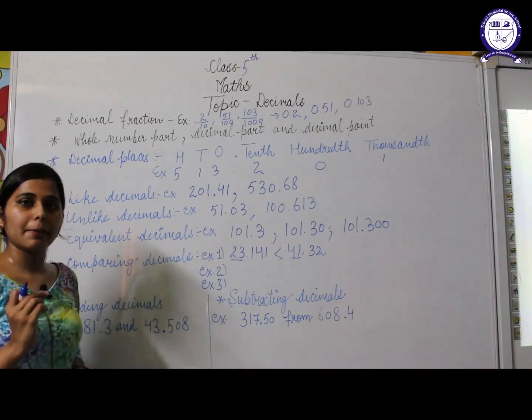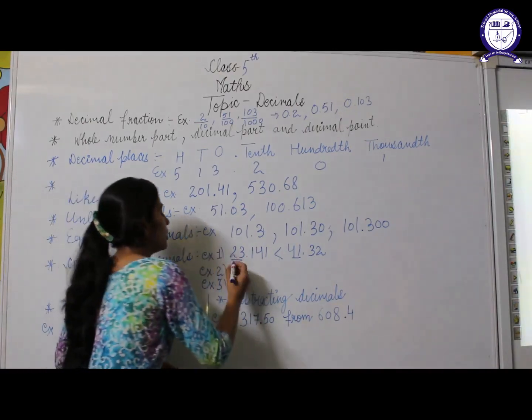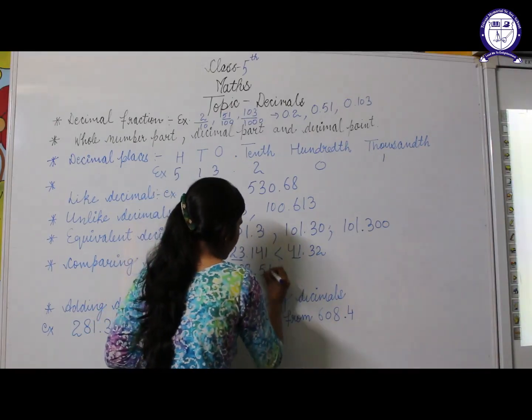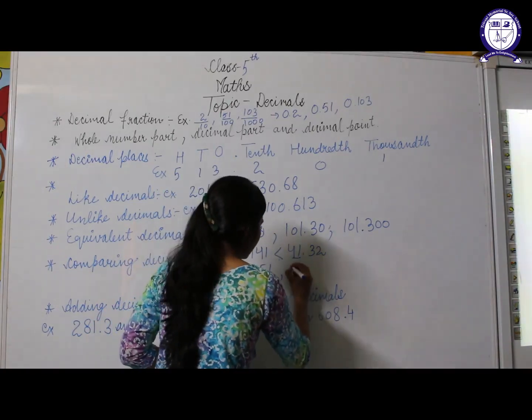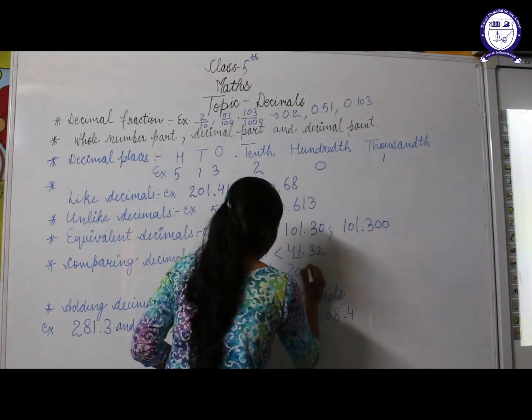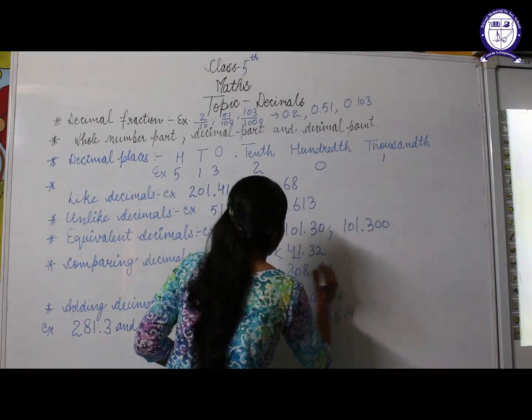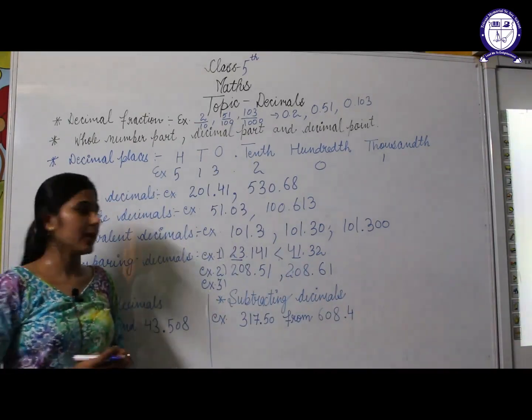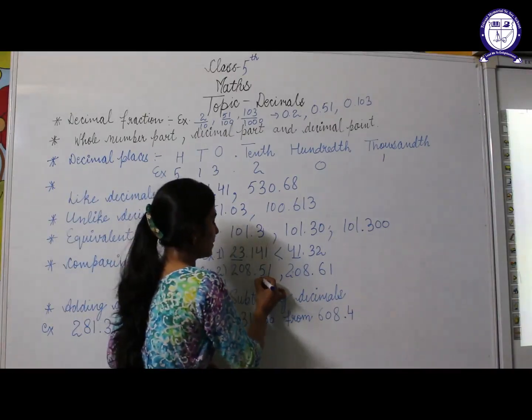If the whole number part is equal, then what will we do? Suppose now in this the whole number part is equal, that is 208, then we will move towards our decimal part.